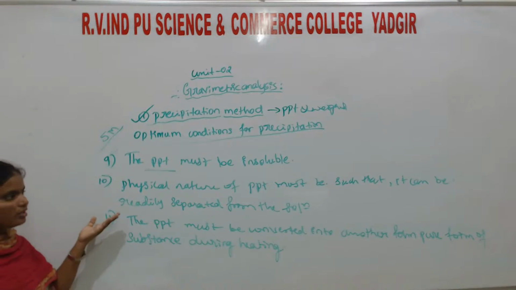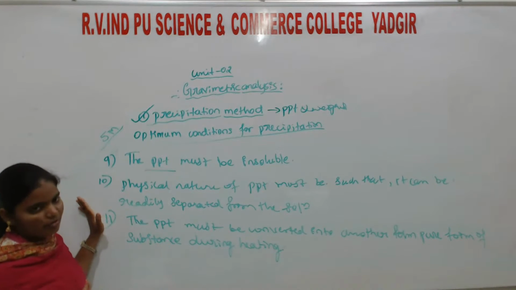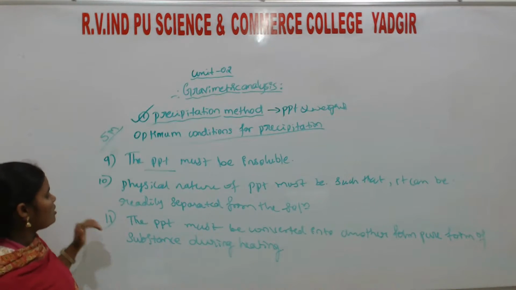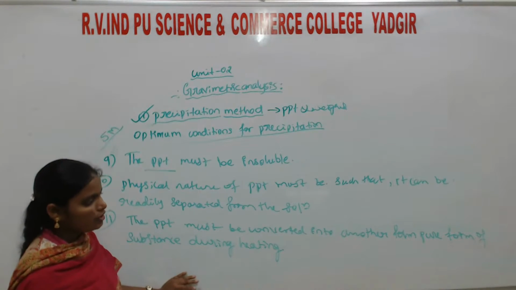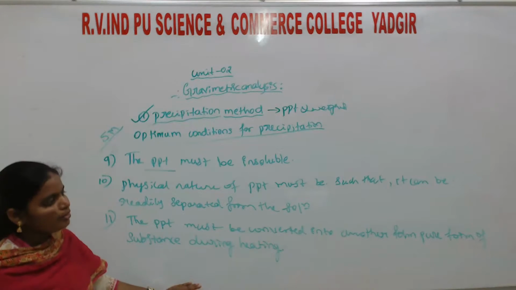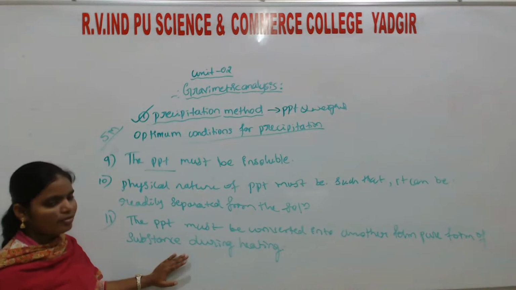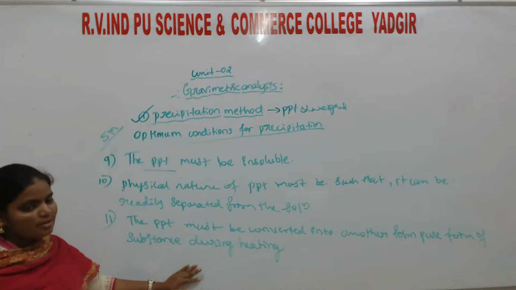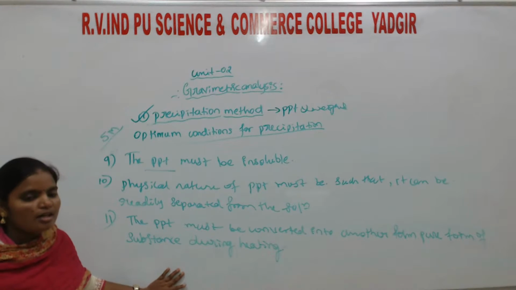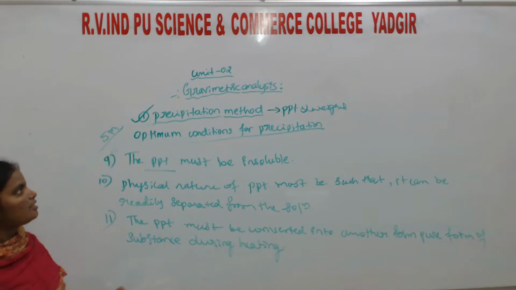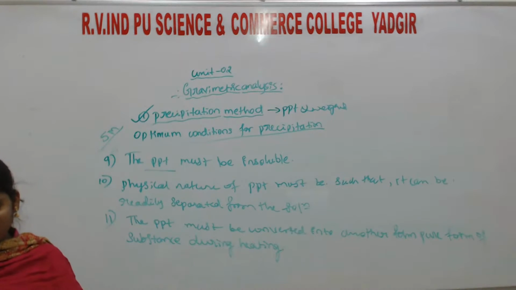The eleventh one: the precipitate must be converted into another pure form of the substance during heating. These are the optimum conditions for precipitation.